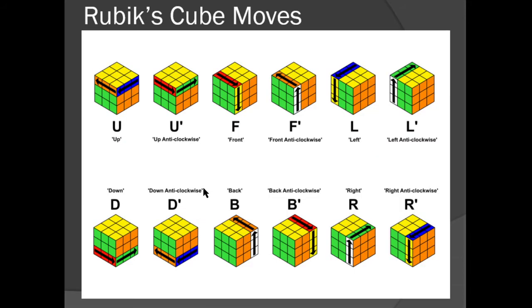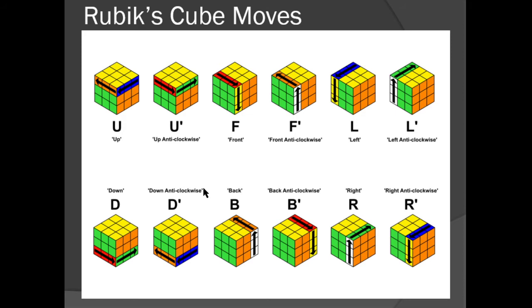Next, we have the Rubik's Cube moves. If you have a Rubik's Cube with you, you can practice these moves or algorithms with your Rubik's Cube. First we have the move up, or in symbol, U. On this move, you need to move the upper layer of your Rubik's Cube 90 degrees clockwise.